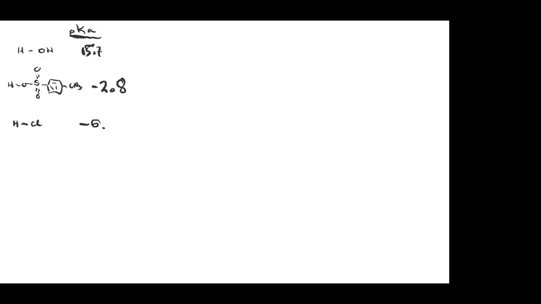Okay. So remember when we said one way to think about leaving groups is to consider the pKa of the conjugate acid of the leaving group. If that pKa is less than 0, it's a good leaving group. If it's more than 0, it's a bad leaving group. And so the top would correspond to water as a leaving group, this would correspond to hydroxide as a leaving group, tosylate as a leaving group, and then chloride as a leaving group.